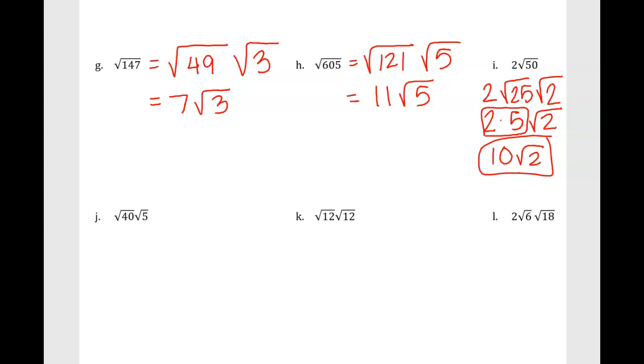I'm sick of red. Let's go to blue. If you have two square roots being multiplied together, my suggestion is to multiply the numbers together to get a bigger number. Not to try to get smaller numbers, because then you end up not simplifying it all the way. So what is 40 times 5? 200.